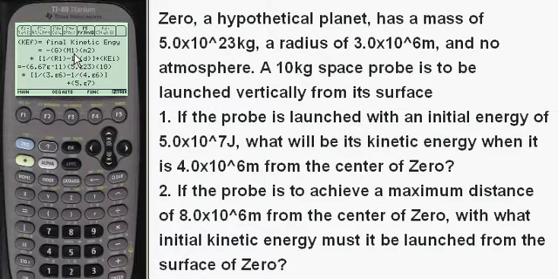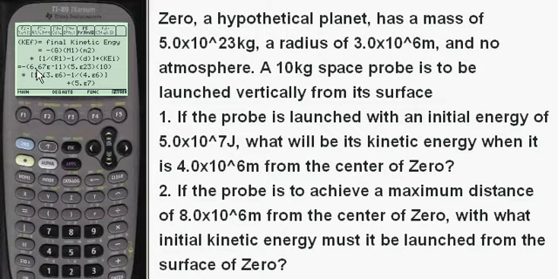Here's the formula. KEF is the final kinetic energy, equals minus G times the major planet's mass, the probe's mass, times the quantity of 1 divided by the radius minus 1 divided by the distance. And then we add the initial kinetic energy. So that's the formula right there.